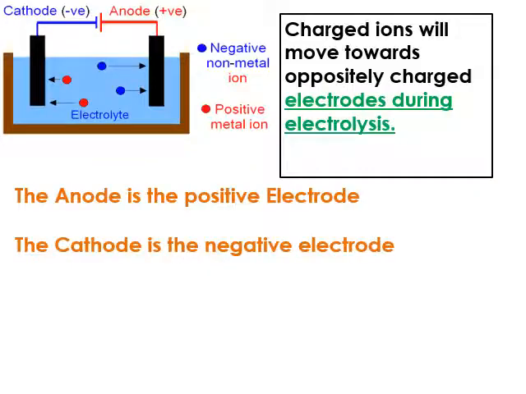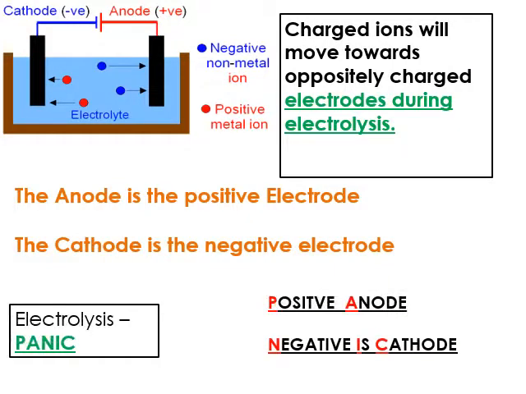So, just a reminder, this is the electrolysis setup in the top left corner. We have the cathode, which is the negative electrode, and the anode, which is the positive electrode. The ions move to these different electrodes because they are electrically charged, meaning they are positive or negative.